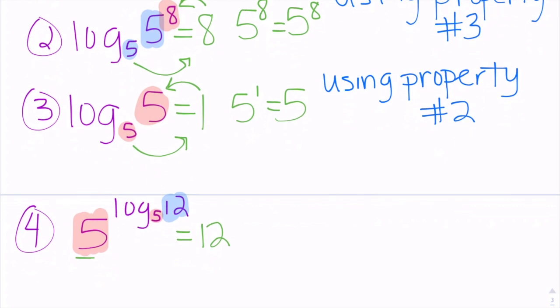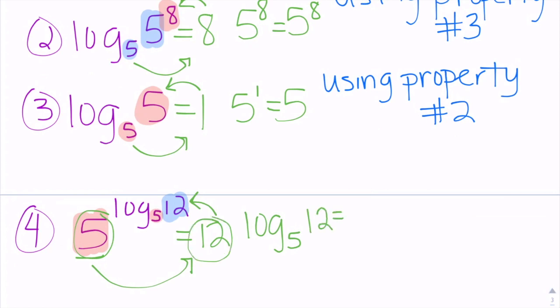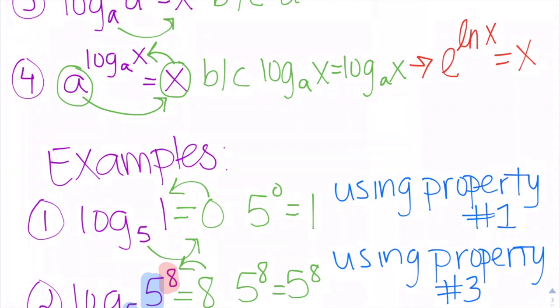It's going to be log base 5 of 12 equals our exponent. Log base 5 of 12 equals our exponent, and that's true because they're the same. This was using our last property, property 4.